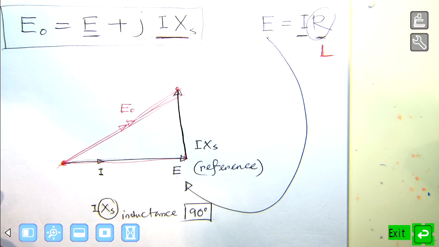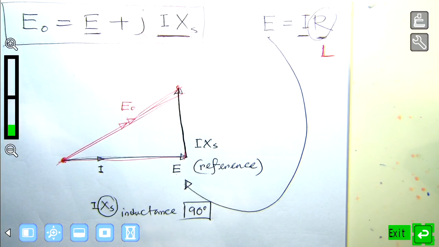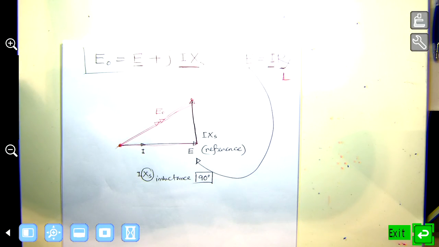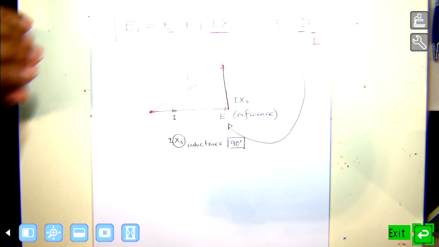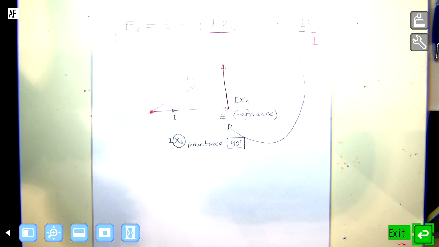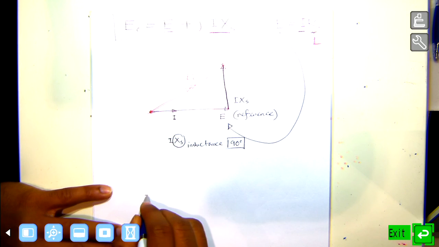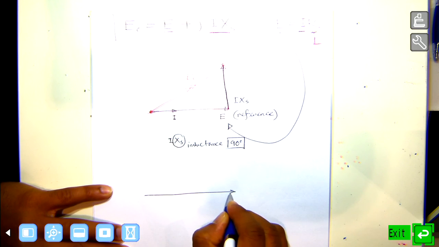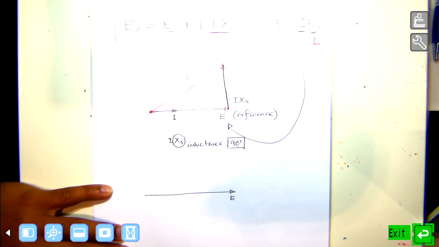So in that case, I have my E as before, up to this reference, fine.